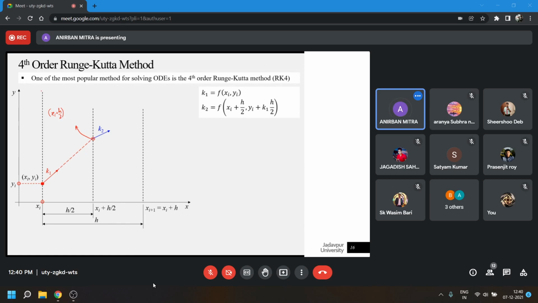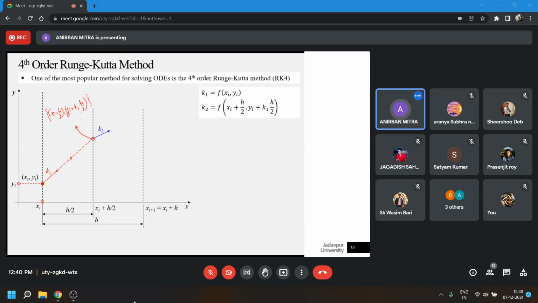You can see that is the midpoint, comma yi plus k1 into h by 2. That is the equation of this straight line. This is yi.